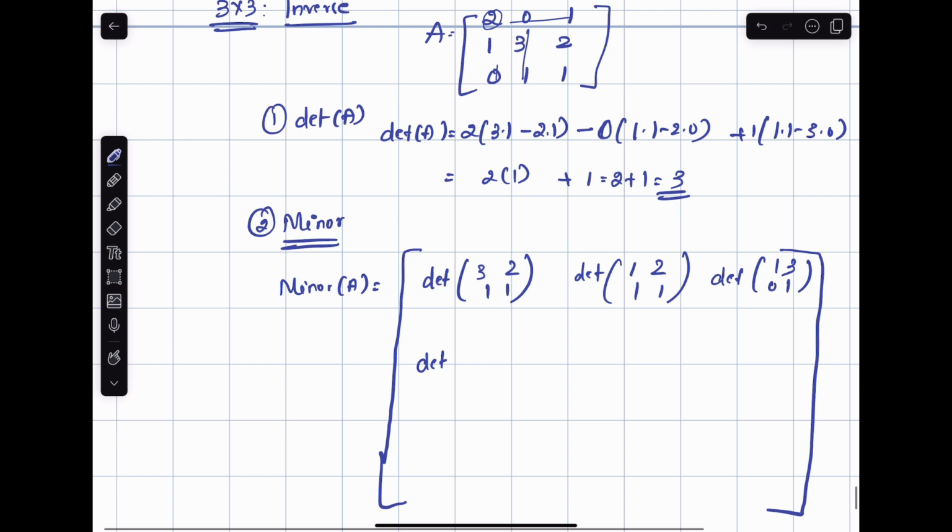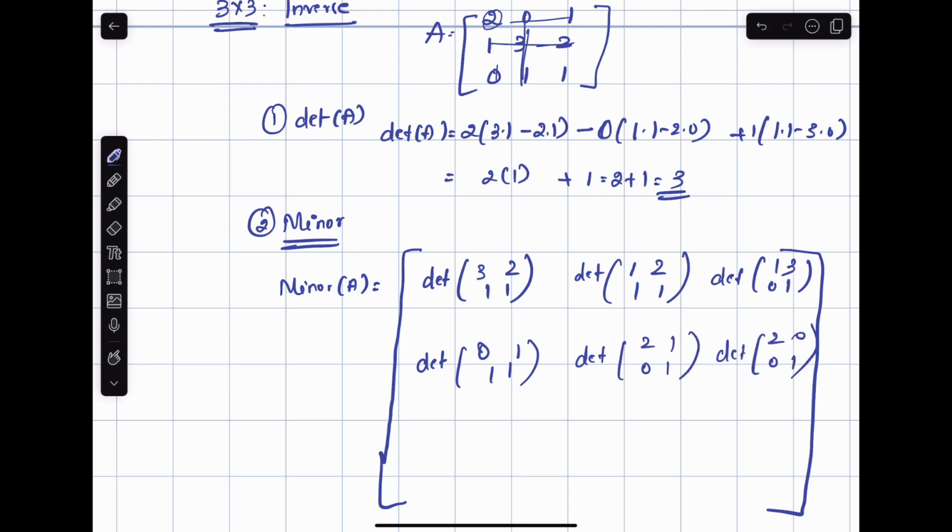Similarly, you have to write the elements for all the terms, that is second row first column, second row second column, second row third column. Similarly, you write it down. So I'm writing it down for the second element, that is 2 1 0 1. Then second row third column will be this. Now I'm writing for third row first column, third row second column, third row third column.